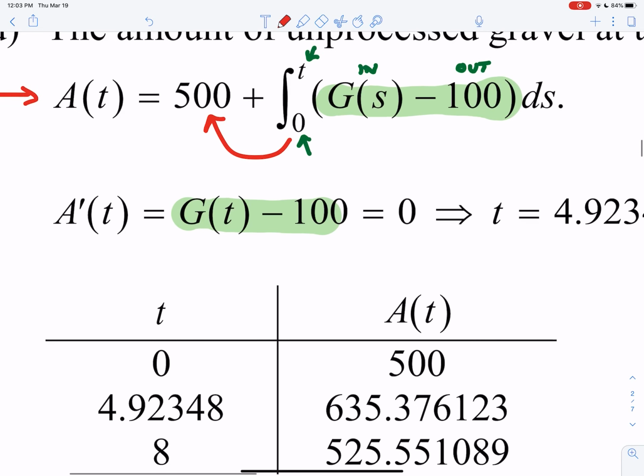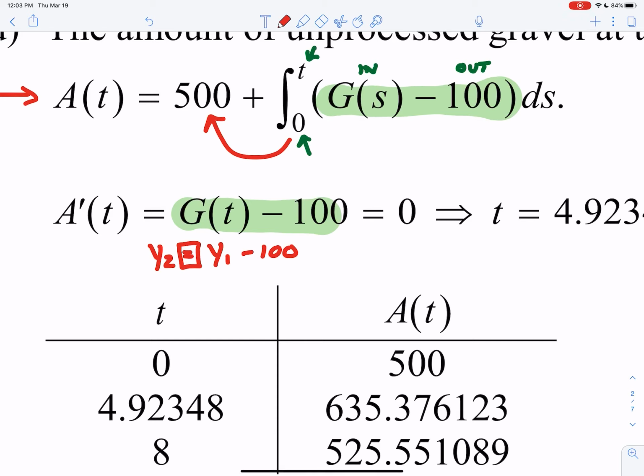I already have y1 programmed, so I would probably go to y2 and call it y1 minus 100. And then I would just graph y2 and not graph y1. Once you graph this, you're looking for where the graph crosses the x-axis so that you can find your 0.